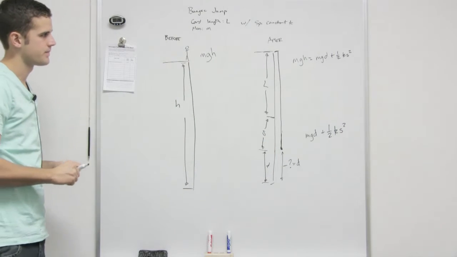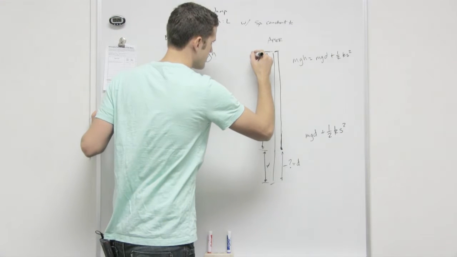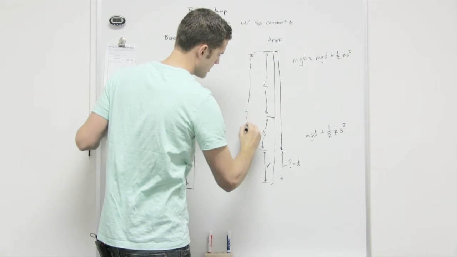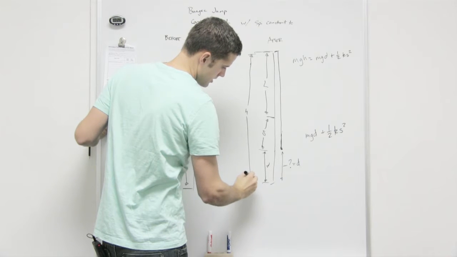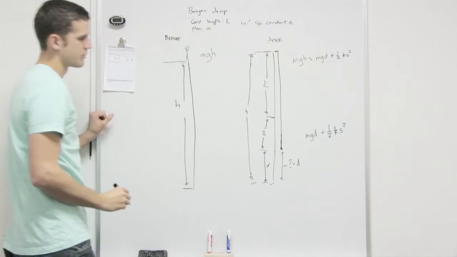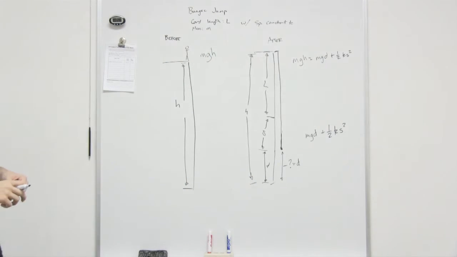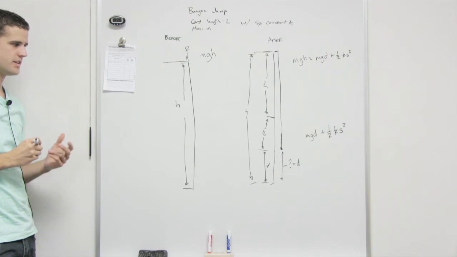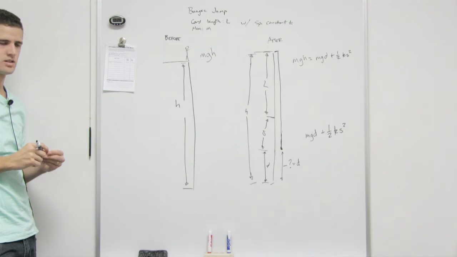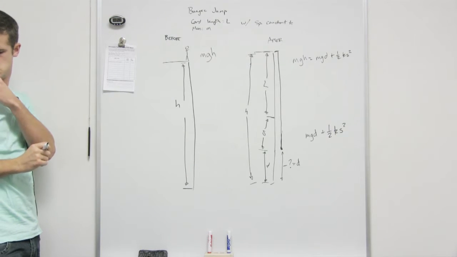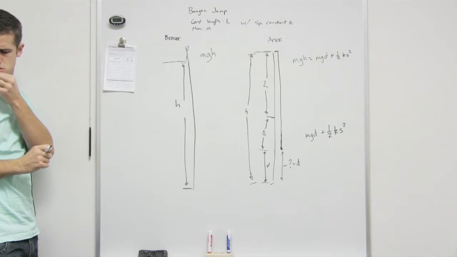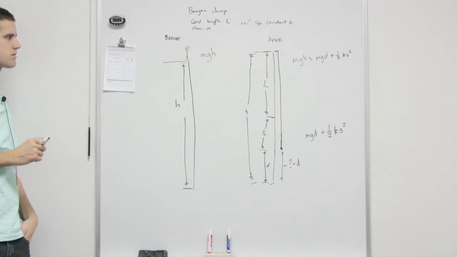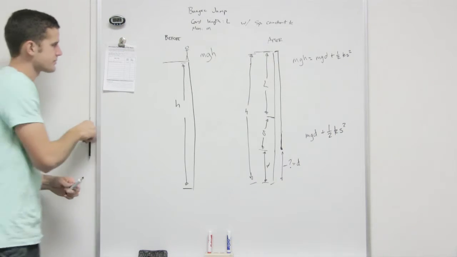And then this full distance is h. So from that, what's an equation for s using just h, L, or d?